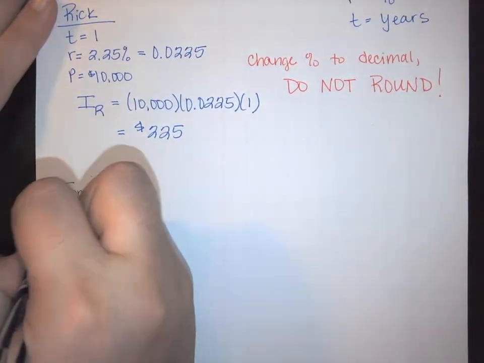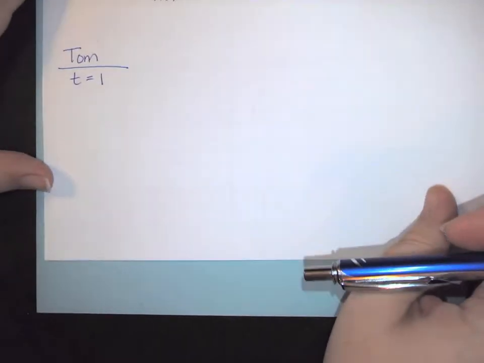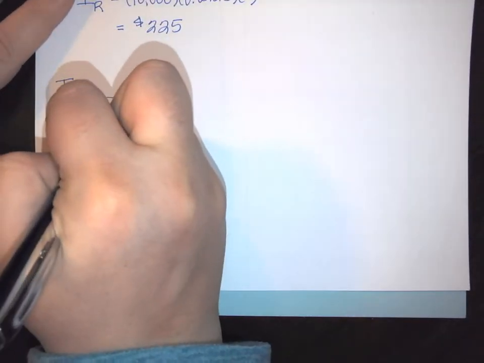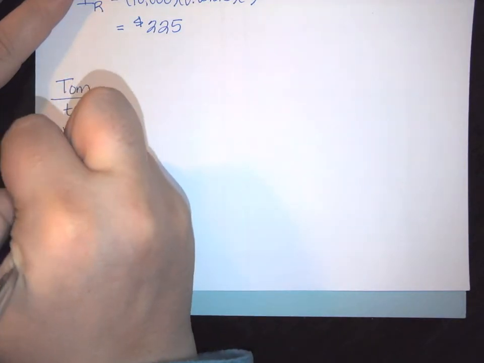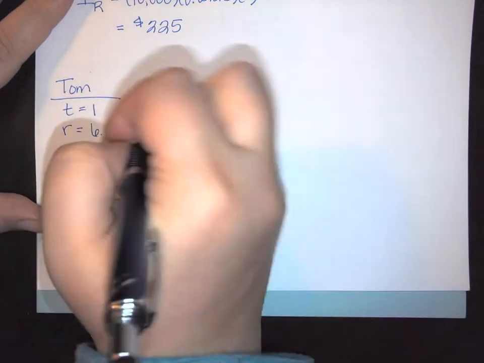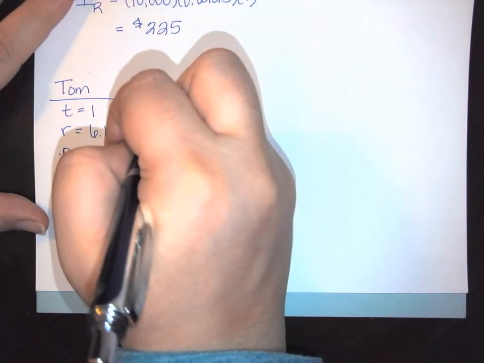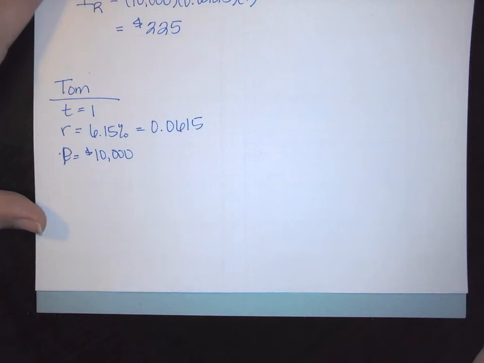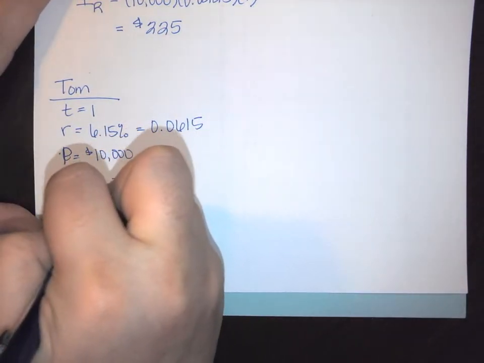So again, T is equal to 1, your rate is going to be 6.15%, and your P is going to be the $10,000. And remember that percent changed to a decimal, so divide by 100, 0.0615.